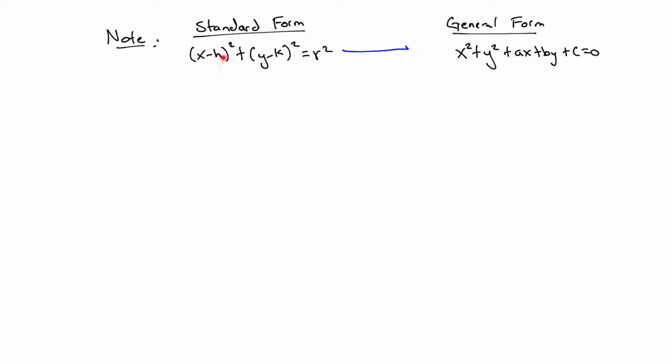So if you want to go from standard form to general form, you just need to simplify. That is, you need to FOIL out the x minus h squared, FOIL out the y minus k squared, and then bring the r squared to the left. Whereas if you want to go from general form to standard form, you have to complete the square.